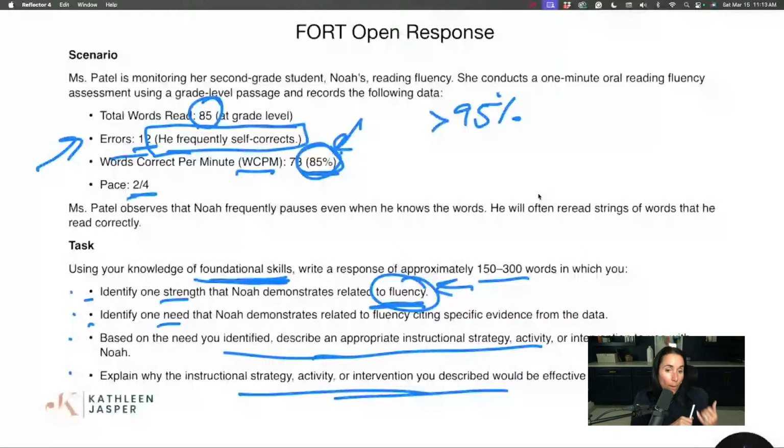All right. So right away, I'm thinking my strength is that he self-corrects and he's at grade level in terms of the number of words he read. Weakness here, he's not reading enough correct words per minute. He's significantly below automatic, and his pace is a little slow. He's got some errors.